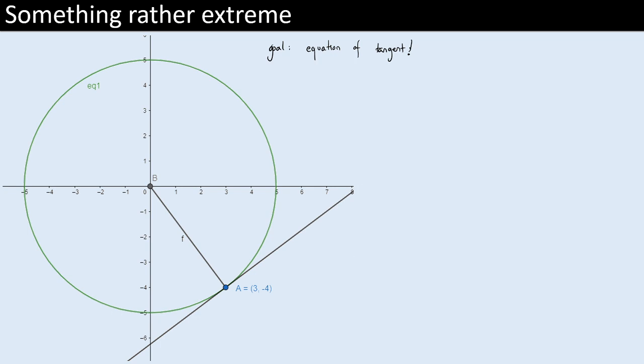What I do have is this line that's been called f. Now I'm going to need to use this, and I've got this point here, (3, -4). I'm going to need to use that to my advantage. I'm going to need to know all sorts of stuff about this.